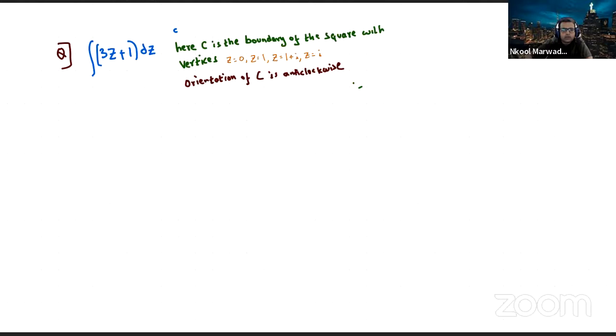Now let us see how to solve this. The first thing is that we can visualize it because the points are given. So in the plane we can visualize it first, then we will try to identify how to solve this.